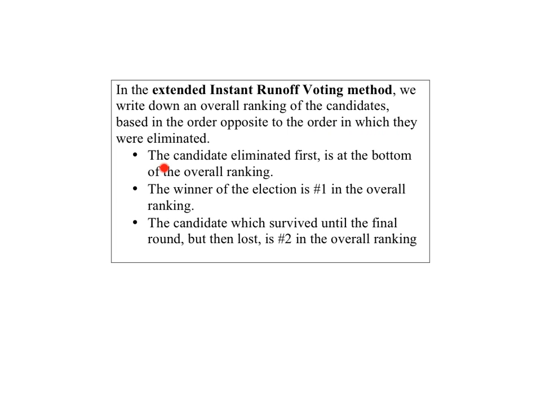So in other words, whoever was eliminated first is going to receive the bottom spot in the ranking. Whoever won the election overall is going to be the top position in the ranking. The candidate who managed to survive until the final round, but then lost in the very final round, is number 2 in the overall ranking. So the number 2 candidate in the overall ranking is the last one who was eliminated.